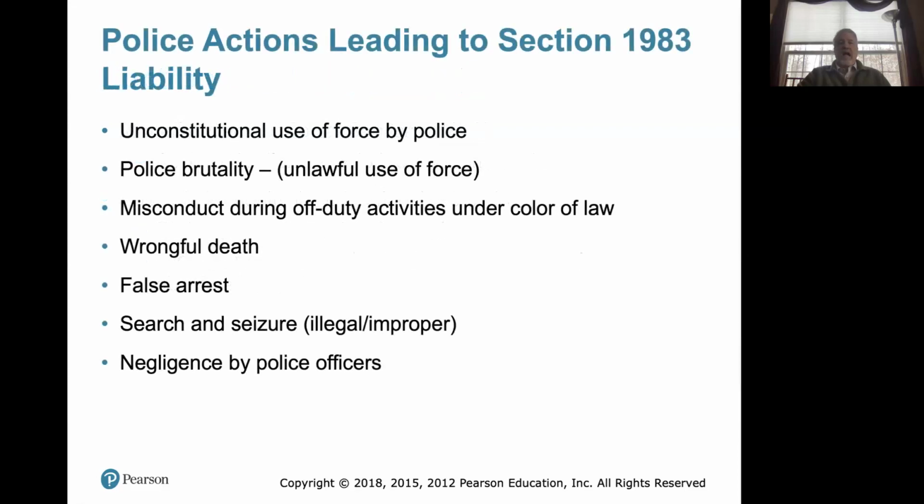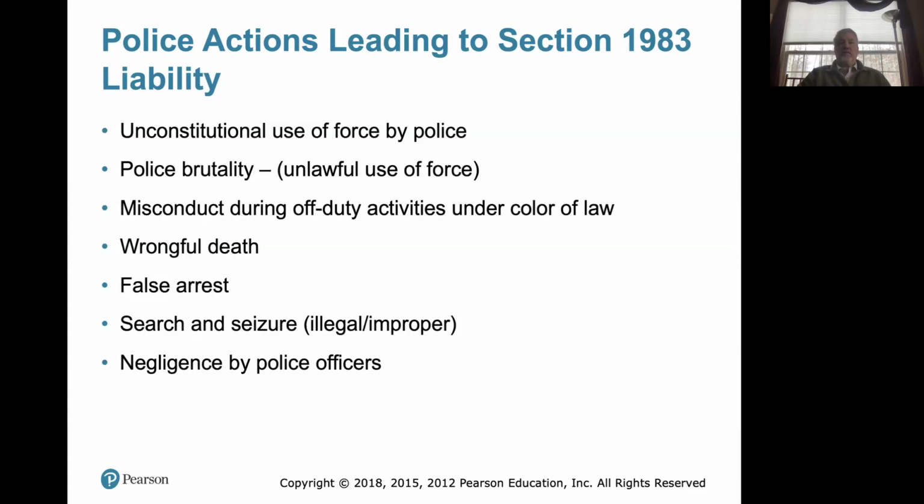Now, what kind of actions led to 1983 lawsuits or liability? Obvious ones are unconstitutional use of force by the police, police brutality, again, unlawful use of force, misconduct during off-duty activities under the color of law. We'll talk a little bit about that, but the idea is that someone who's an off-duty police officer then uses his gun and his badge to act, even though he's not actually working.